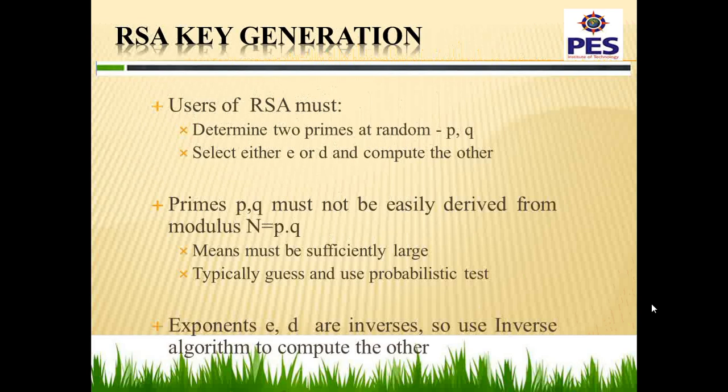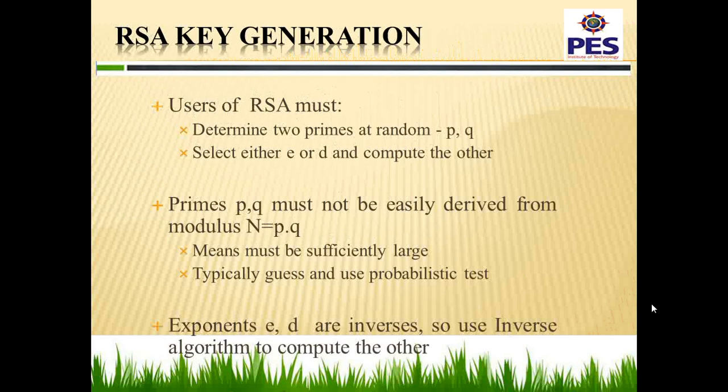Before going to implement or use this RSA algorithm, the sender and receiver have to follow some important steps. First, those two members should determine two prime numbers randomly and select either E or D for encryption and decryption, and compute the other.